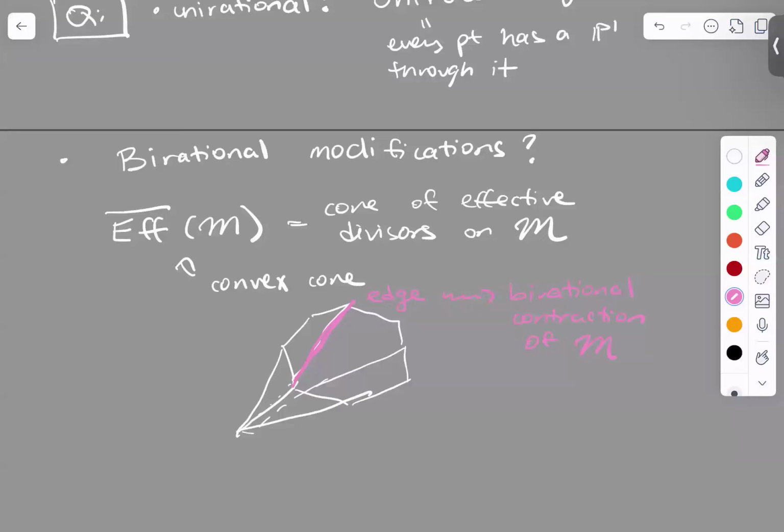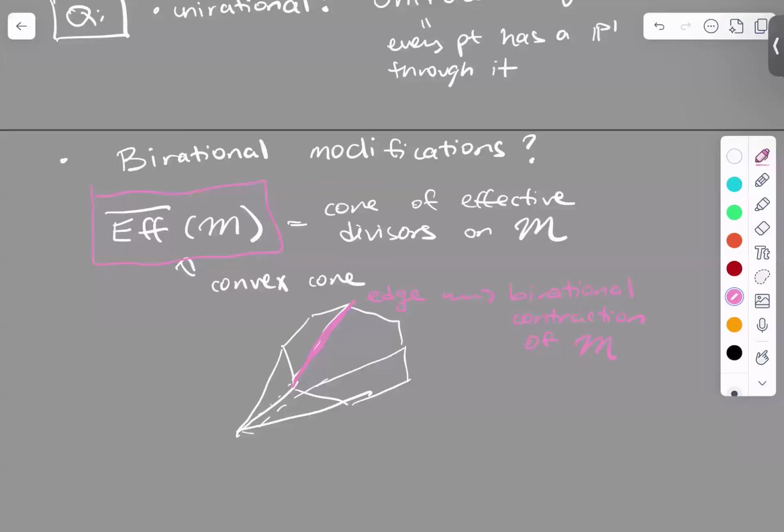So if my goal is to understand what kinds of birational modifications of my space exist, I might be interested in identifying all the possible edges of this cone. These are the motivating types of questions that algebraic geometers first think about when they encounter a new space.